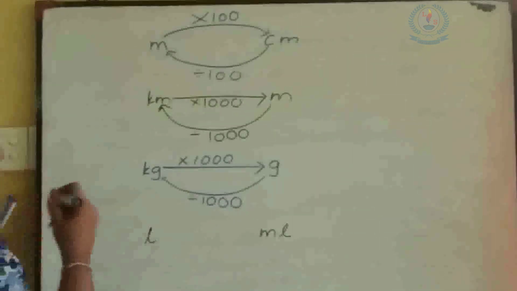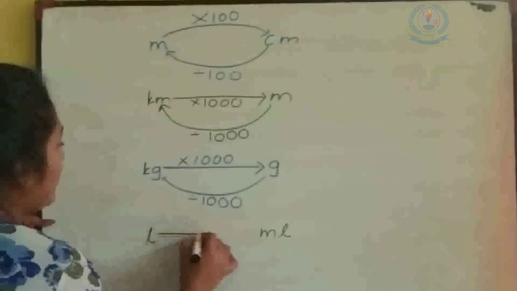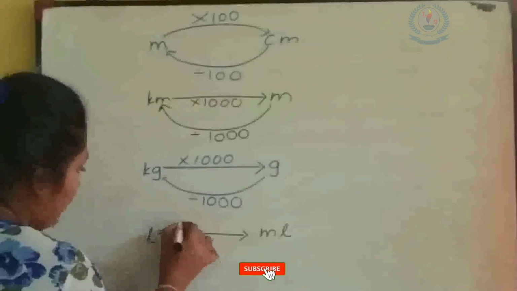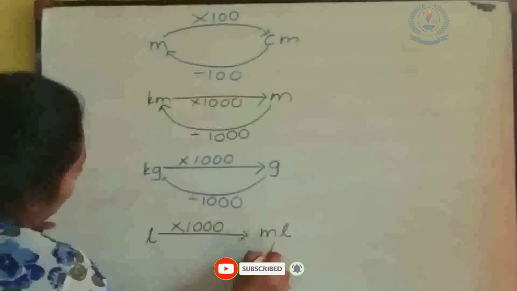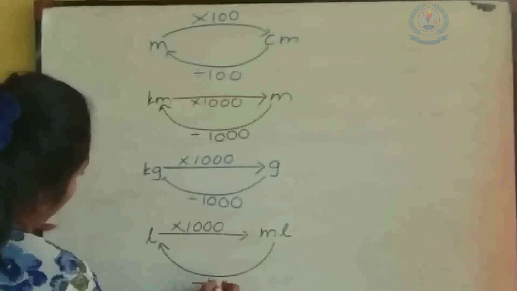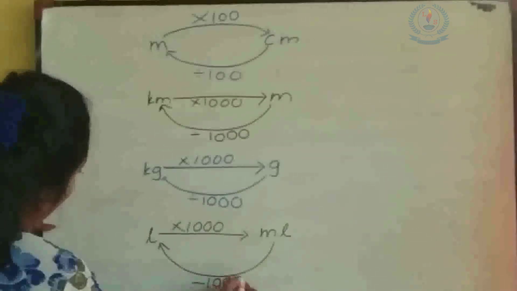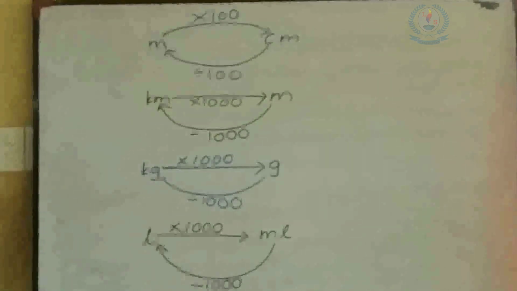Then, when we are taking liters and milliliters, to convert a liter value into a milliliter value, we have to multiply by 1000. To convert a milliliter value into a liter value, we need to divide by 1000. Remember these things. This is the end of the second subject.